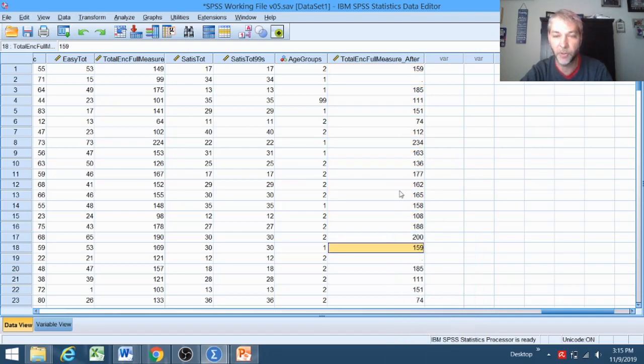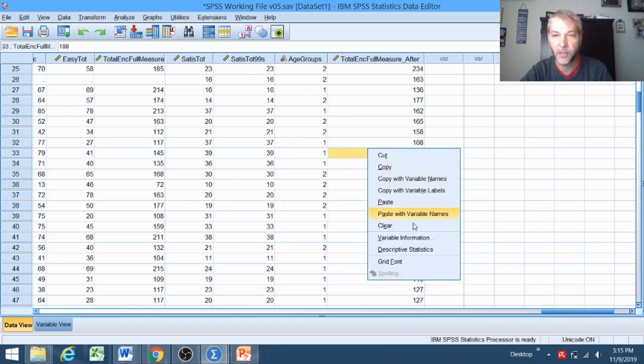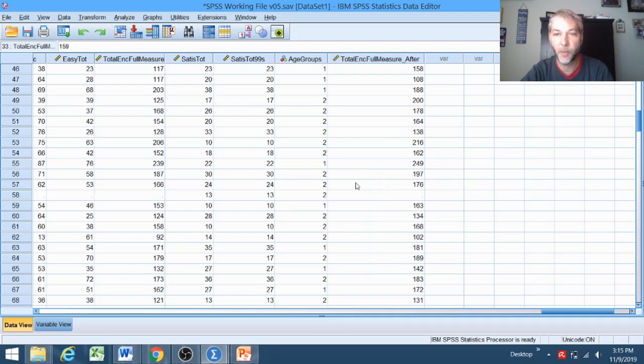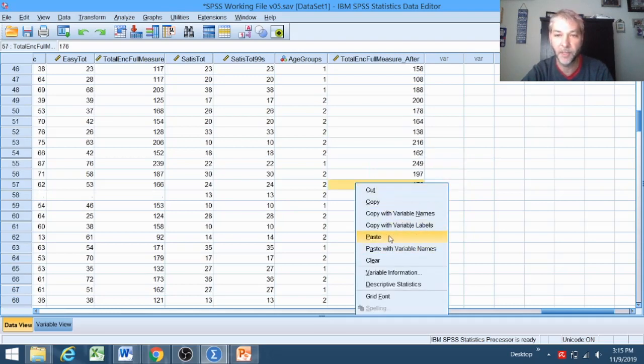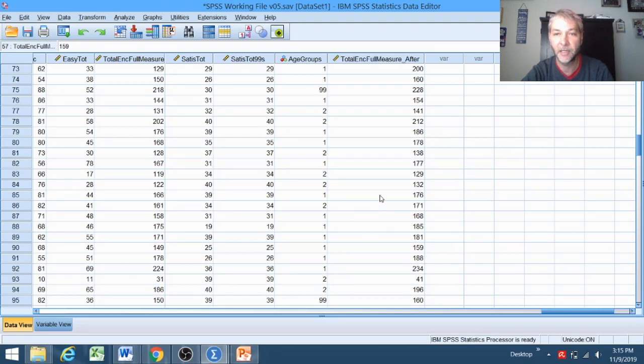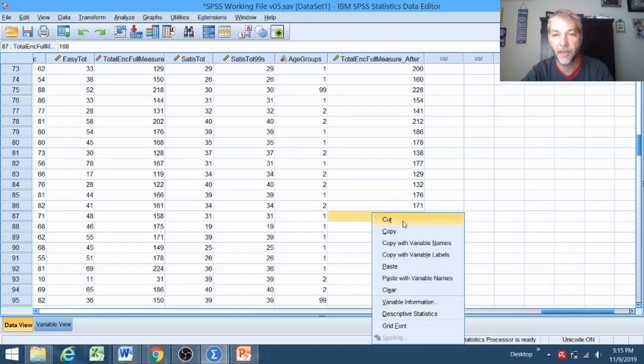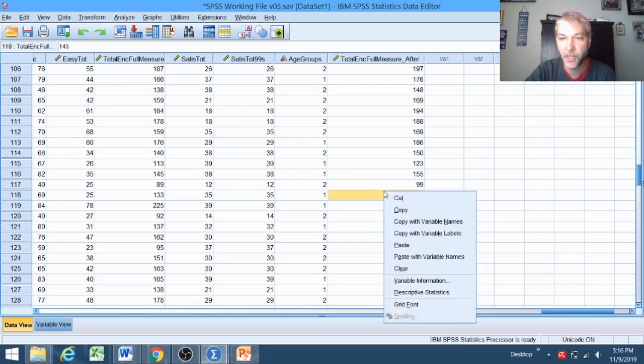And what we're doing here is just changing each of these so that we no longer have all of them being exactly 10 points higher than the original scores that we recorded, the total scores before, right? So that's what I'm doing. I'm just making sure that we have some variance so that those numbers change.